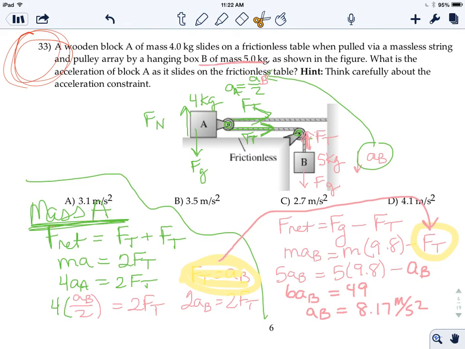Let's look at our question again. Our question says, what is the acceleration of block A?